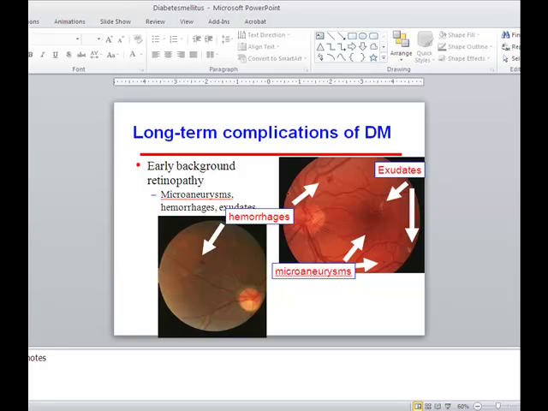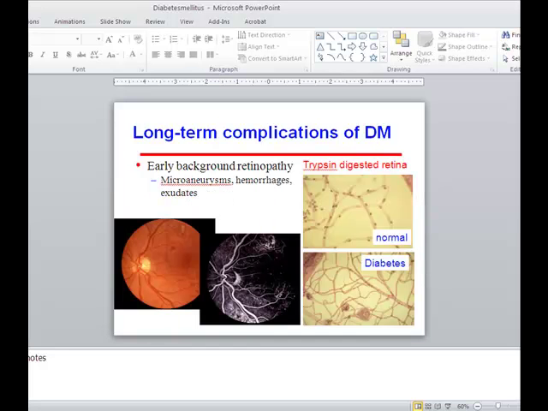So initially you have microaneurysms, and then from leakage or the breakage of these aneurysms, you have hemorrhages, and later, the blood is spilling there, then you have reabsorption of most of the spillage except for the lipids, and those lipids remain as exudates. And this is not the severe form of diabetic retinopathy.